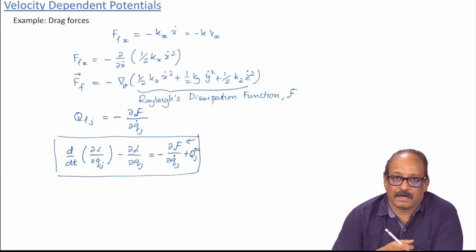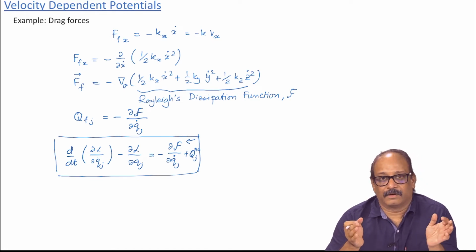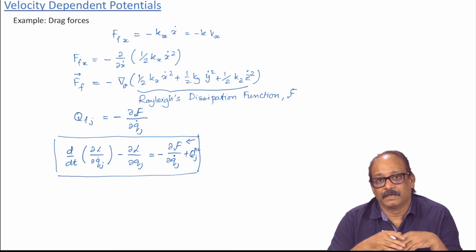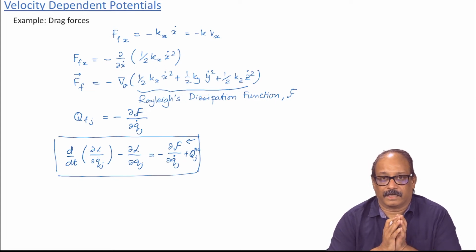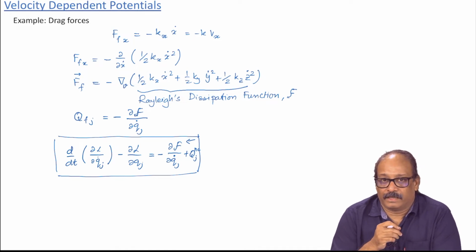Okay. So, this is how you take care of more general formalism or forces which can be put in a more general form. Okay. Now, what I am going to do is we are going to extend this formalism.